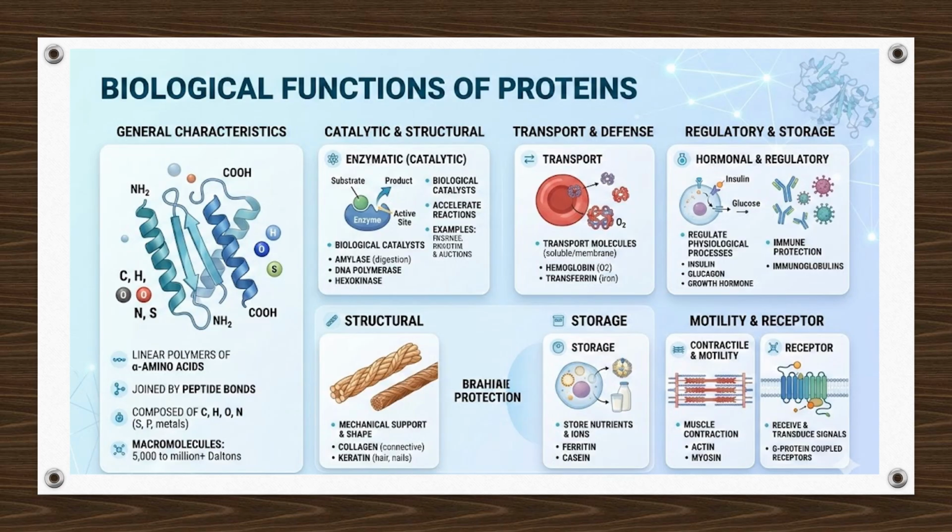Structural proteins provide strength and resilience. Collagen is the most abundant protein in the body and forms rope-like fibrils that resist stretching and give tensile strength to connective tissues. Elastin provides elasticity, allowing tissues like skin and blood vessels to stretch and recoil.